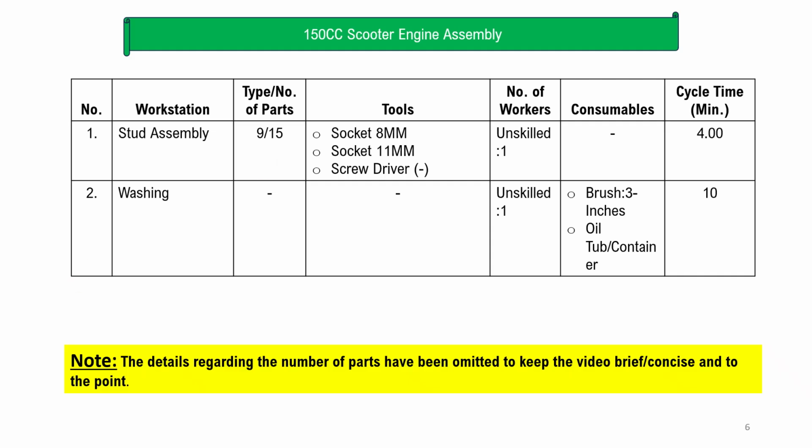Second process is washing. The worker requirements are unskilled worker 1, brush of 3 inches, oil tub or oil container, and the overall cycle time is 10 minutes.